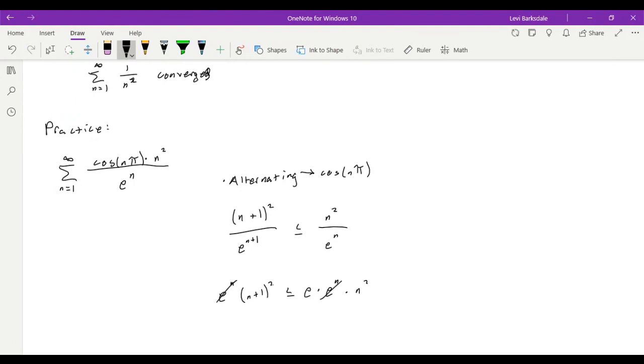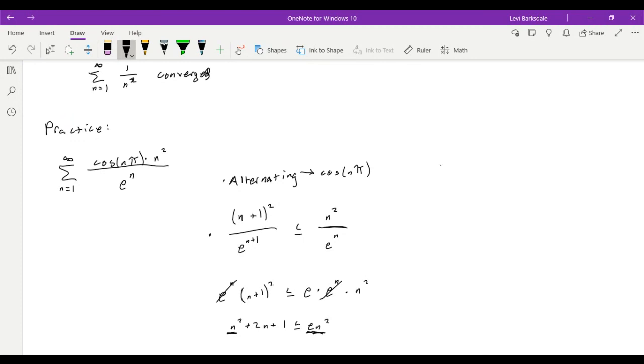Cancel e to the n's on both sides, and we get n squared plus 2n plus 1 is smaller than e n squared. And this is true because the coefficient on our n squared on the right-hand side is larger than the coefficient for our n squared term on the left-hand side. So it's going to be larger for some n value as n approaches infinity. So this condition is true as well.